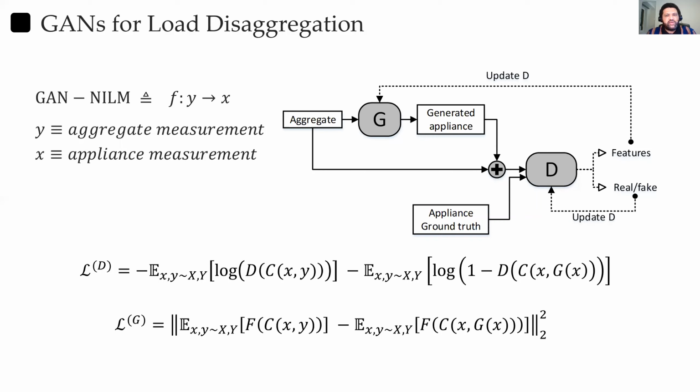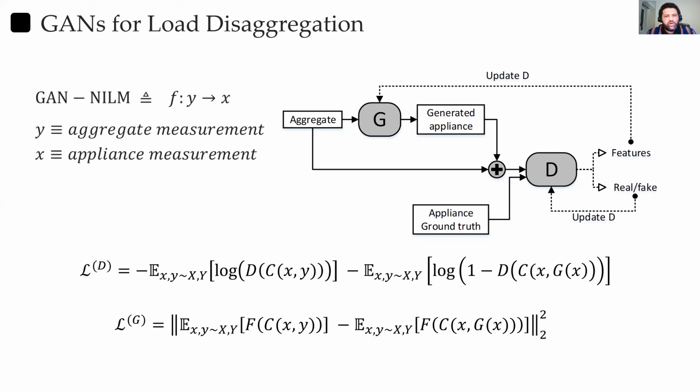Through time, the generator becomes better at producing appliance level measurements only from seeing the smart meter measurement, and the discriminator gains experience in classifying those better samples from the real ones. Both networks learn through time.